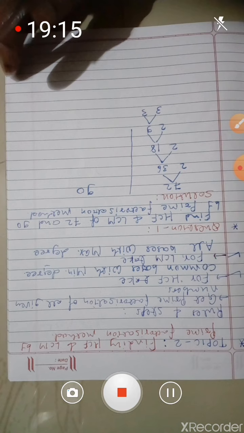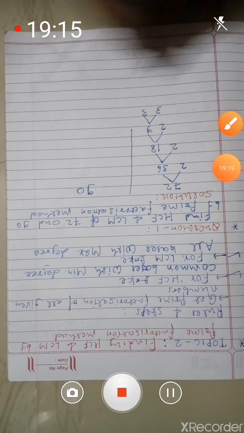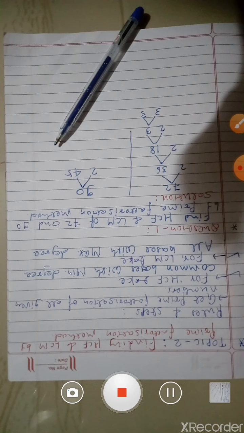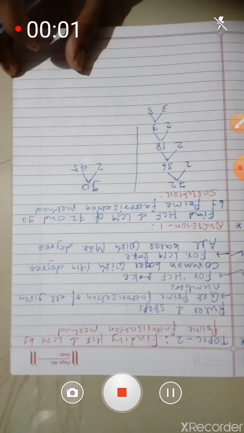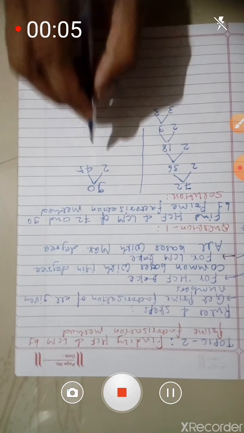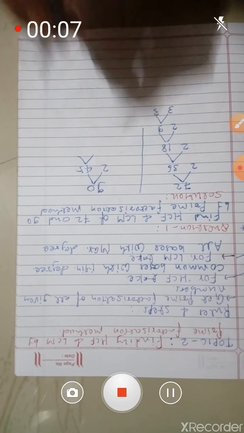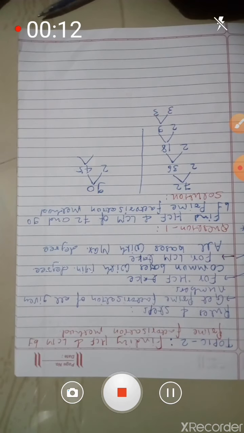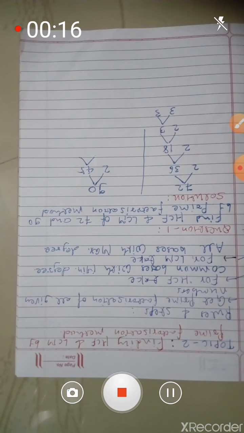Now 90. So 2 into 45. Now it is not divisible by 2, so look for 3.